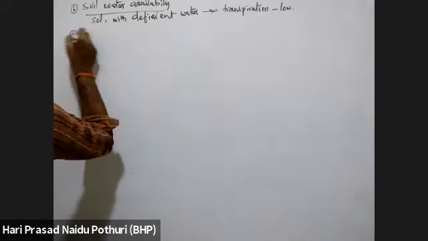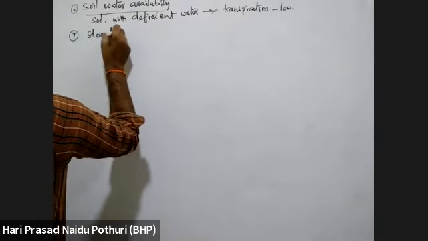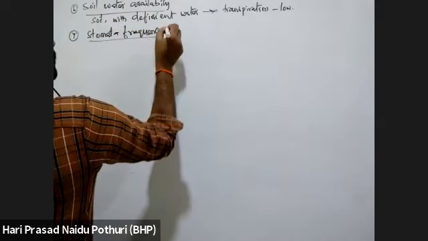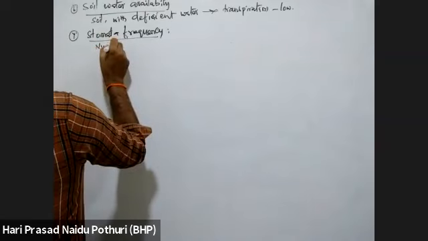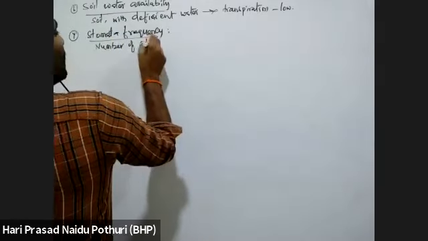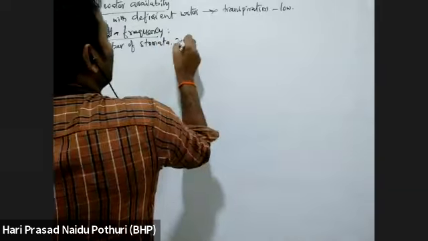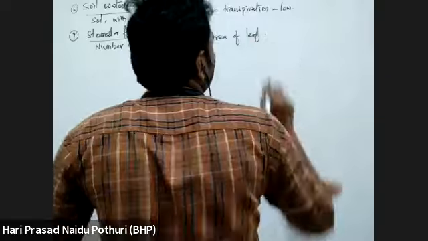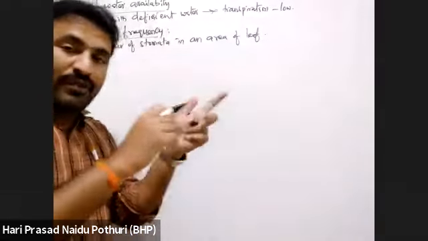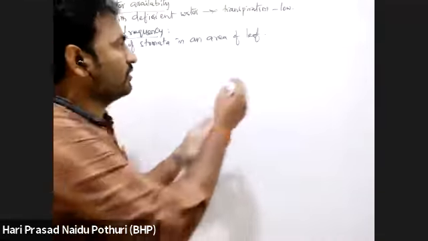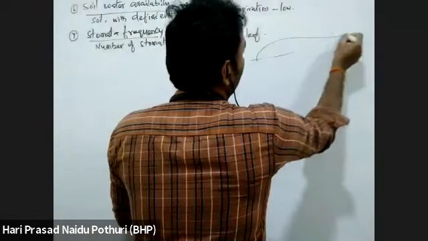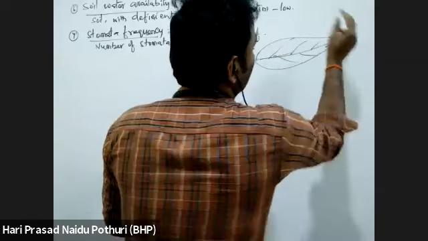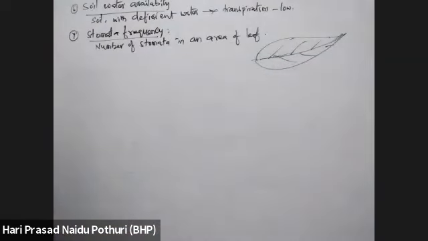Next, stomata frequency. Stomata frequency, that means the stomata number. Stomata frequency means number of stomata in an area of leaf. If you take a leaf surface, this is a leaf.